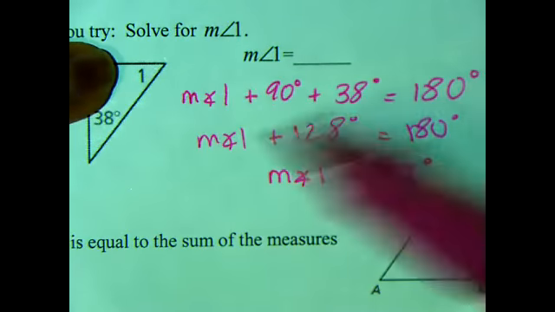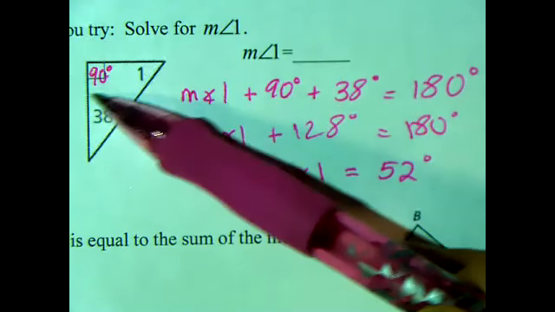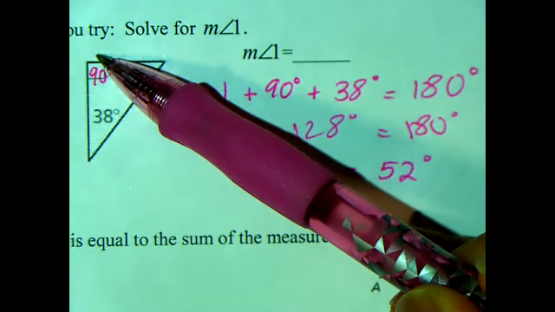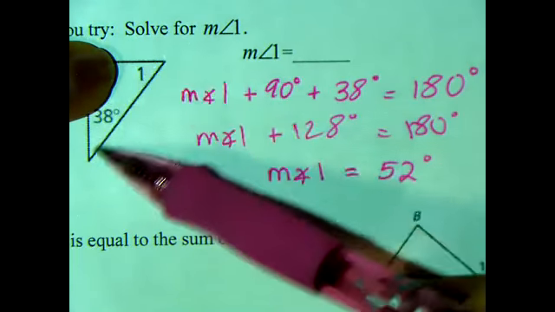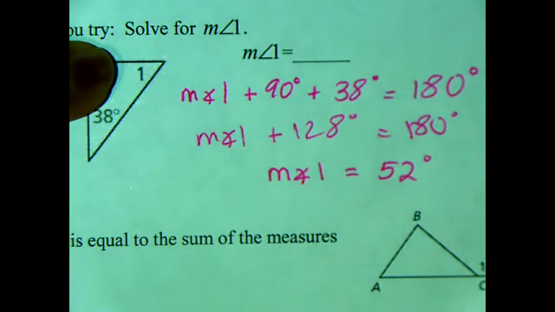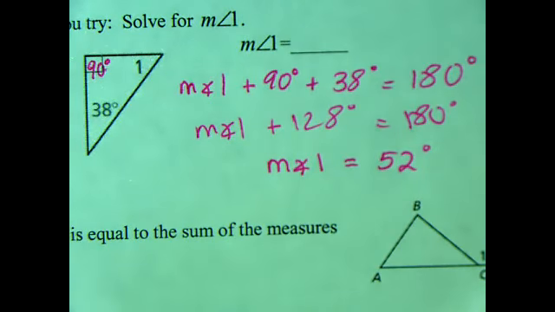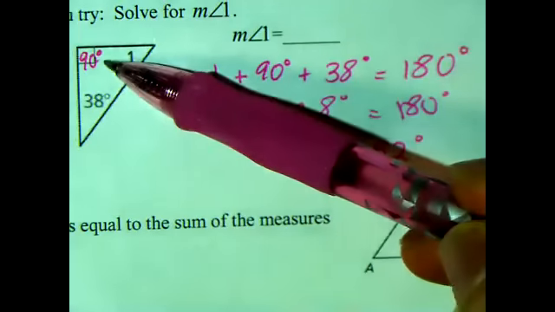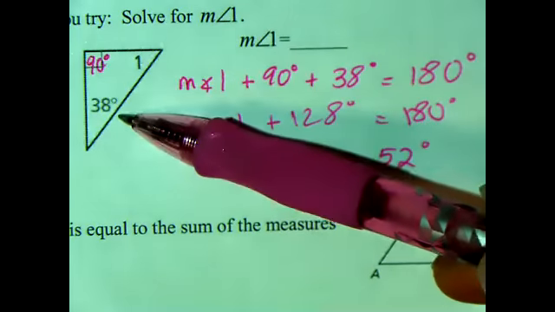So by doing 90 minus 38, you're really saying, since this angle is 90 degrees, the other two have to add to 90 degrees so that all three total 180. It's the same thing as subtracting each angle individually. You took 180, subtracted the 90, and were left with 90, so you did 90 minus 38.